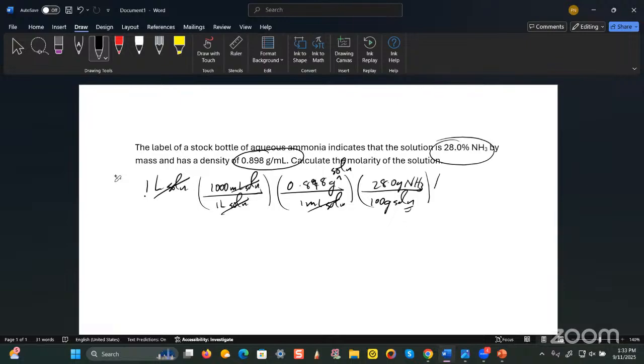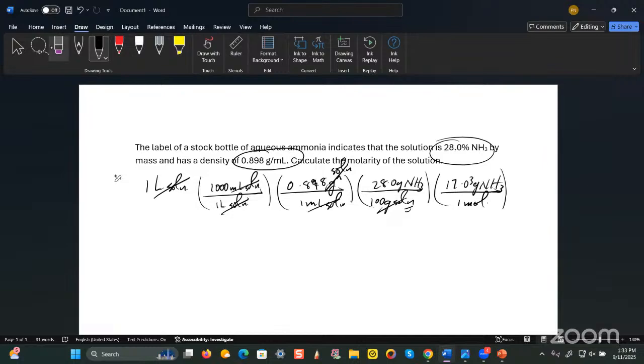So the next step would be the molar mass, dividing the mass in grams. Oh, by the way, this cancels out with that. So we're going to put the molar mass in this conversion factor, and the way we're going to do it is that we're going to put 17.03 grams of ammonia for every 1 mole of ammonia. So the 17.03 is the molar mass of ammonia.